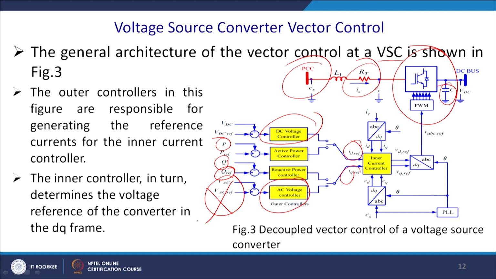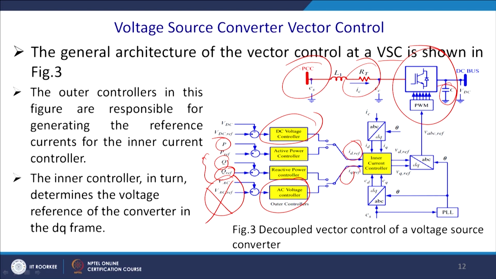If you have a SACs and soil, then only this comes into the picture, that is the AC reference and PI controller. Ultimately this will affect the reactive component of the power. Once you have a transient, definitely this operation is required to be off.